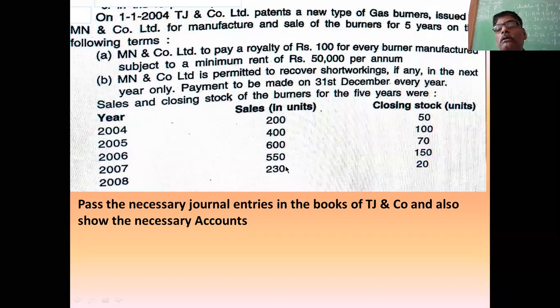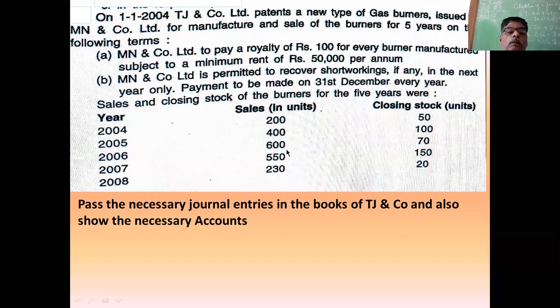Unit sold is given, closing stock is given, but unit manufactured is not given in the problem, and the rate of royalty is on unit manufactured. Therefore, you have to calculate unit manufactured by drawing a table.